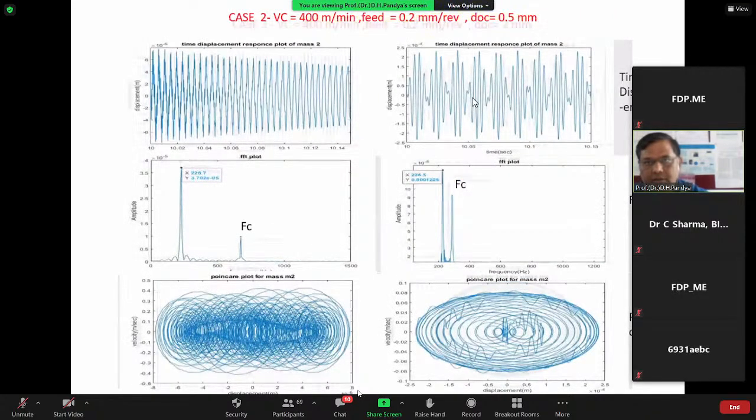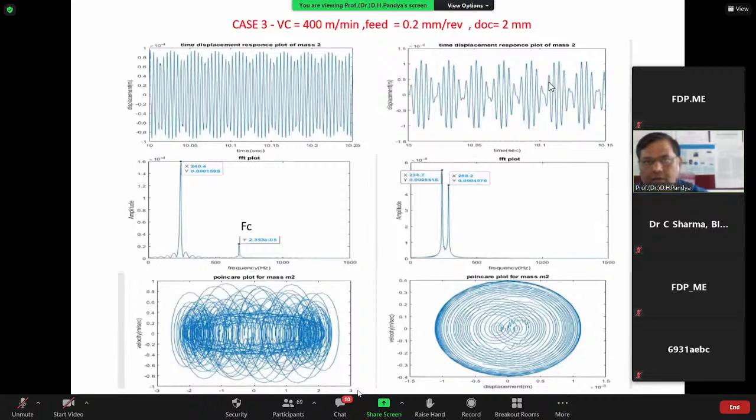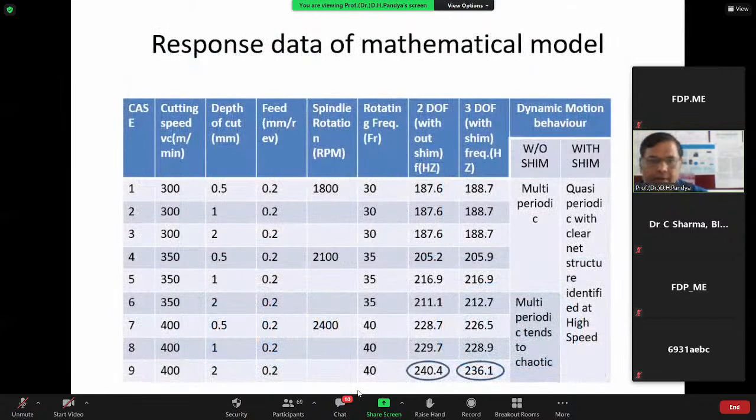At 400 and 2 mm, the reduction in frequencies is clearly measured here, reflected in the FFT, and multi-orbit responses are also reduced. Cyclostationary responses have been observed with SIM, right?